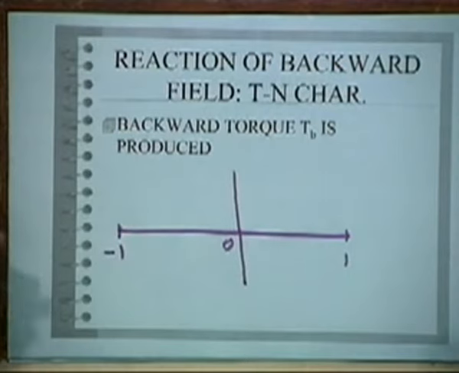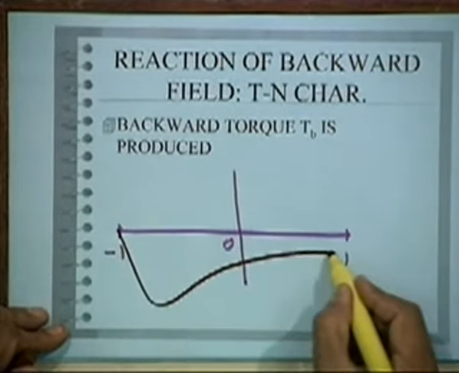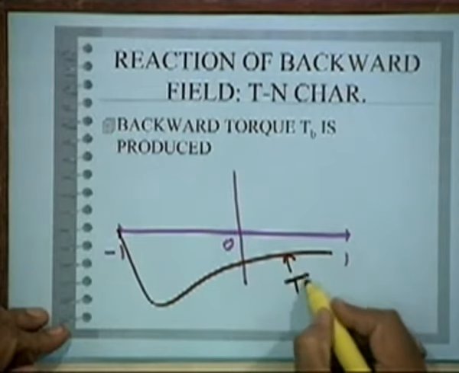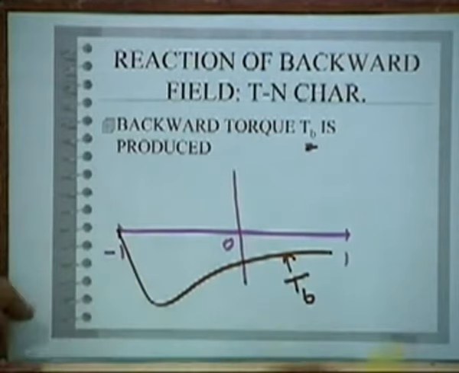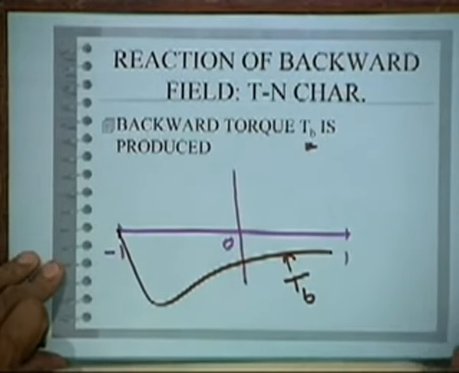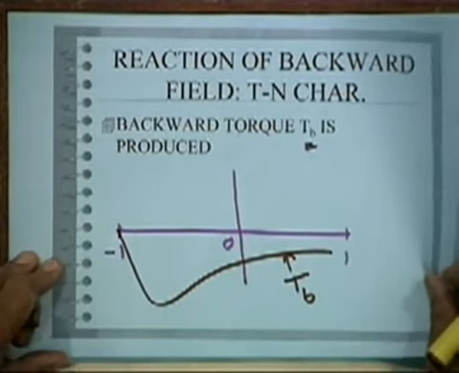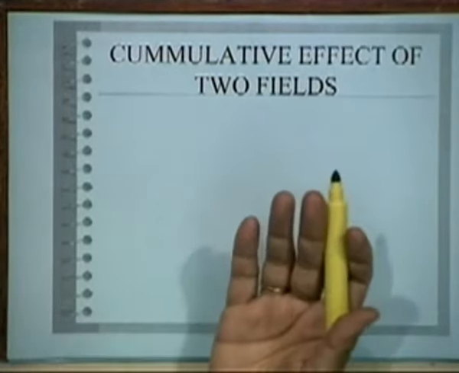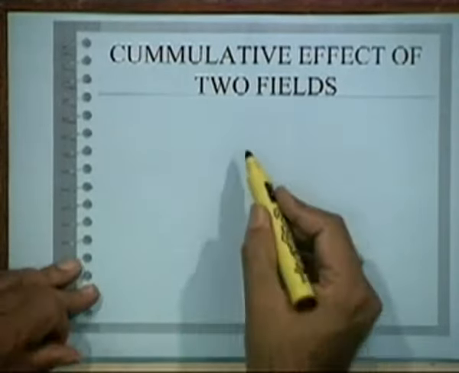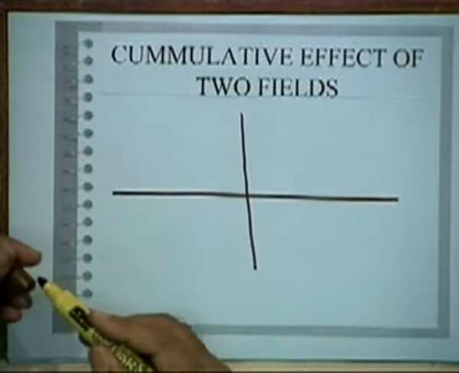It will be a mirror reflection. This is the TB. So you have a forward field and a backward field. On the same shaft, there will be torque operating both forward and backward. So what will be the cumulative effect of the two fields? All you have to do is sum it up. So at any speed, it will be the sum of the two fields.